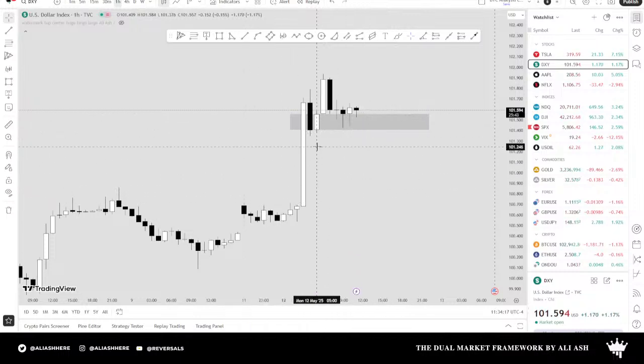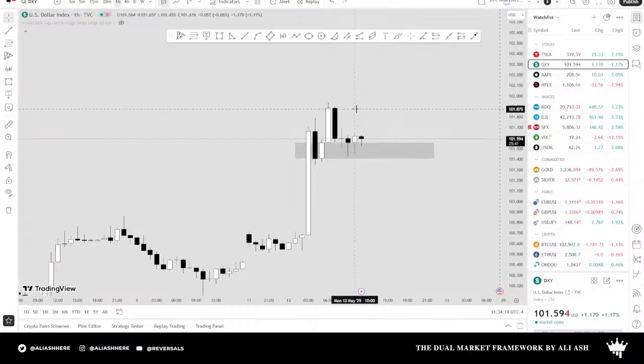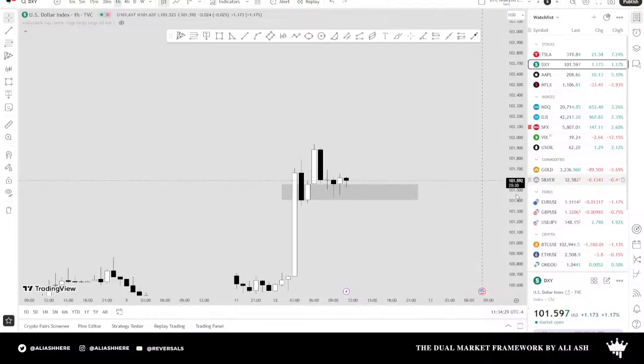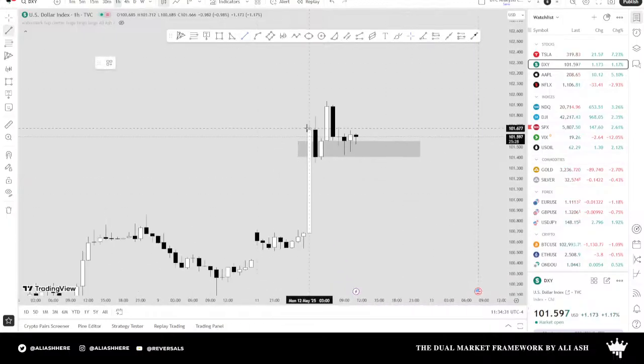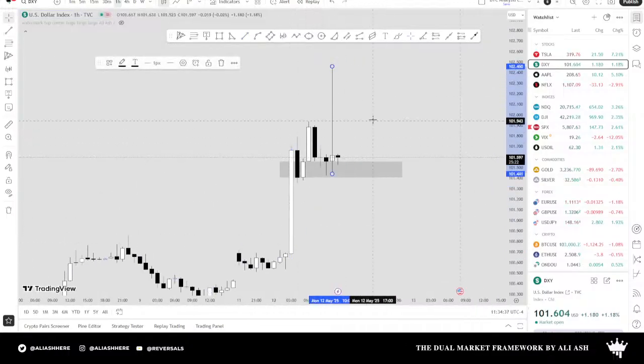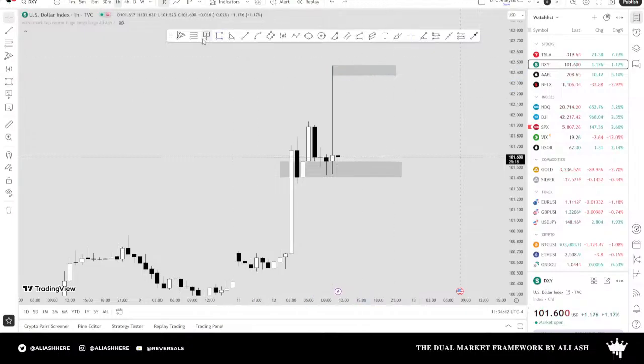But if it does not break and engulfs this inverse bearish engulfing, then we can see another hike up to 102.5. Okay, and we will just double this demand to this.